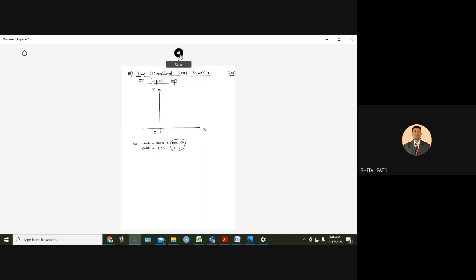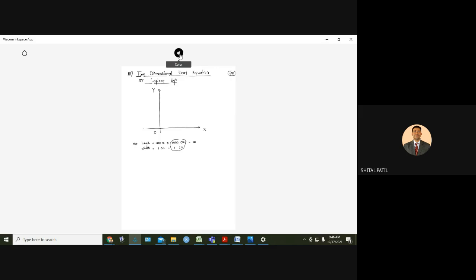In other words, as compared to the width, the length is so large that I can consider the length as infinite. No doubt it is not infinite, but we are considering it as infinite. Now we have two different options. We can place the plate along the y-axis, or we can place the plate along the x-axis.